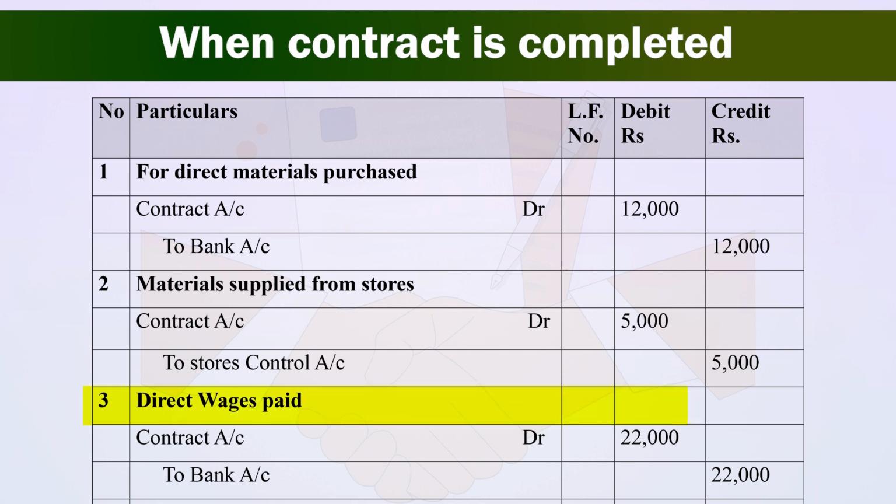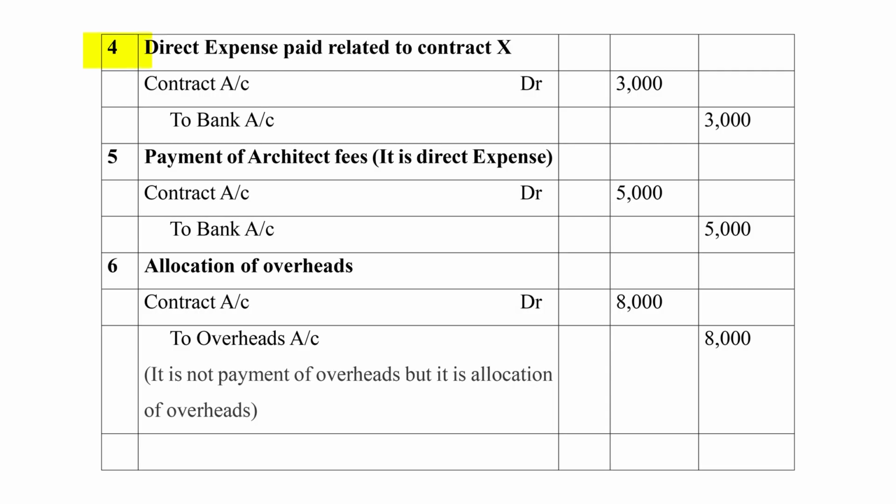Third, for direct wages paid, contract account debit rupees 22,000 to bank account rupees 22,000. Fourth entry will be direct expense paid related to contract X, which is contract account debit rupees 3,000 to bank account rupees 3,000. Next is for payment of architect fees.